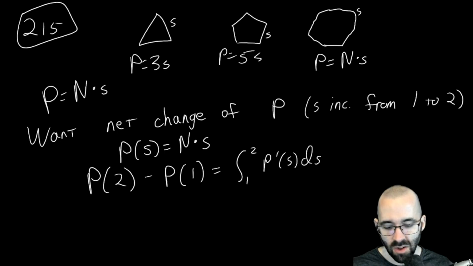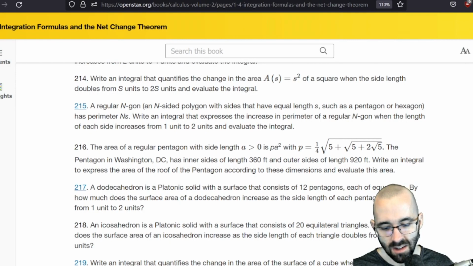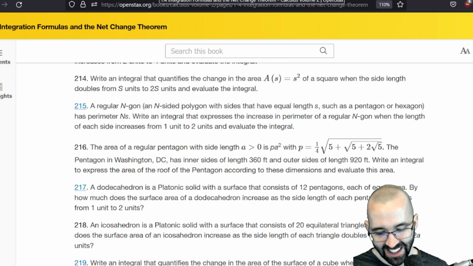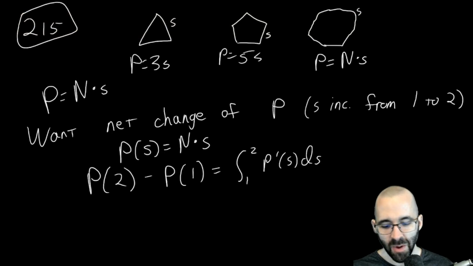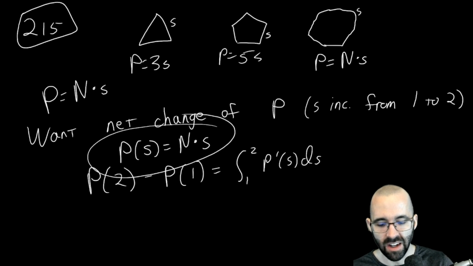Now, of course, you could also just calculate this directly. Actually, oh, it wants you to set up the integral. So no, you can't. It wants you to set up the integral and evaluate the integral. But again, we know what the answer is going to be. It's going to be 2n minus 1n. It's just going to be n.